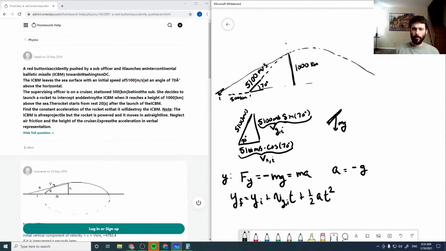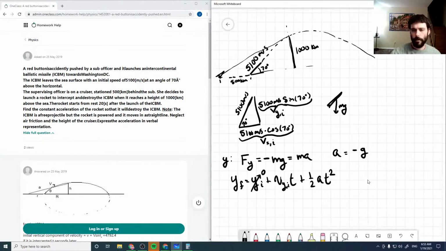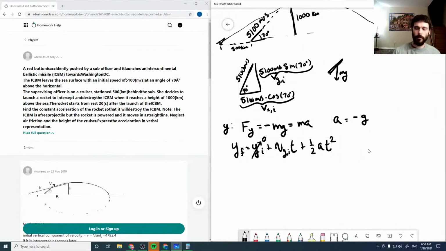My acceleration, my initial y is 0, so I can get rid of that. And in fact, I know what my yf is as well. It's 1,000 kilometers, so I can fill that in.